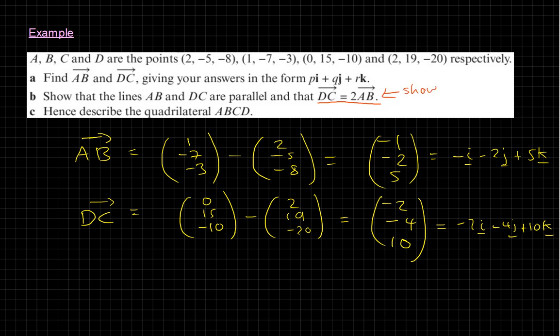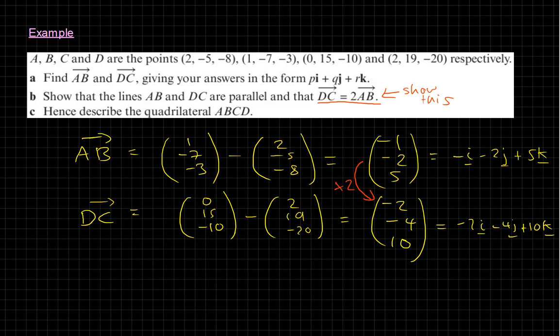Just show this and then declare it's parallel. And that's easy, isn't it? Because if you look at that vector there, multiply it by 2, you get the vector at the bottom. So pretty much all the work is done for you. You just need to say, this times 2 gives me this, therefore this equation, and therefore they're parallel.